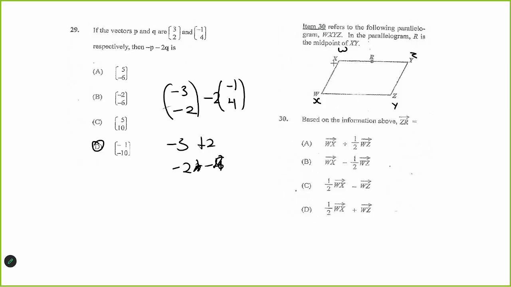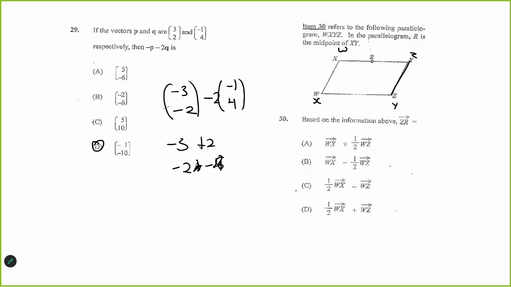Just depends, because the sides are parallel. So if I want ZR, Z to R, I would go Z to Y. So they don't have no Y here, so we know we're not going in that route.